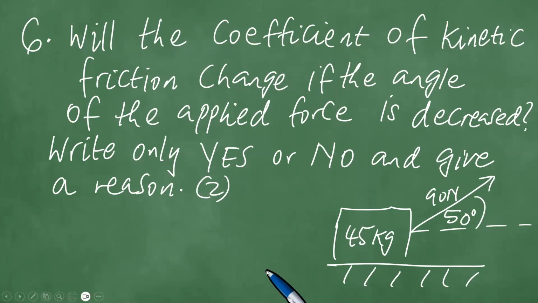If the angle of the applied force is decreased, so it's 50 degrees now, what if somebody makes it smaller? You make it 20 degrees, you make it 5 degrees. Will the coefficient of kinetic friction change?